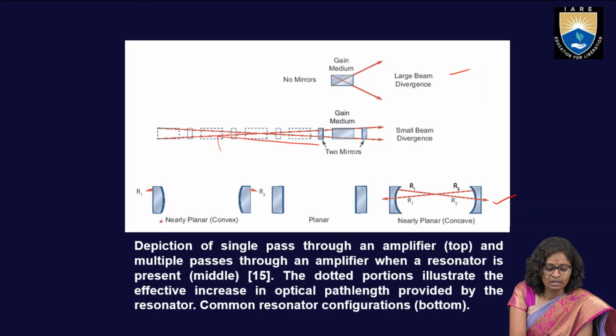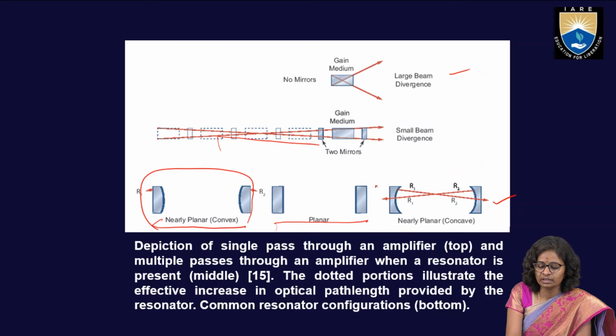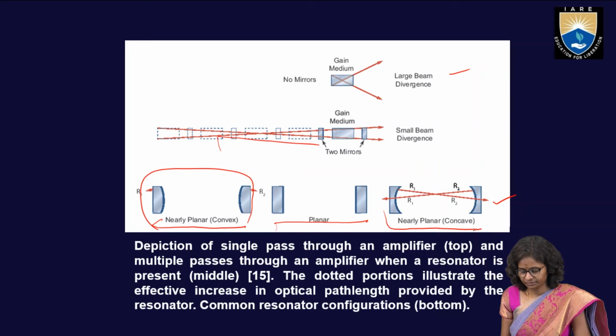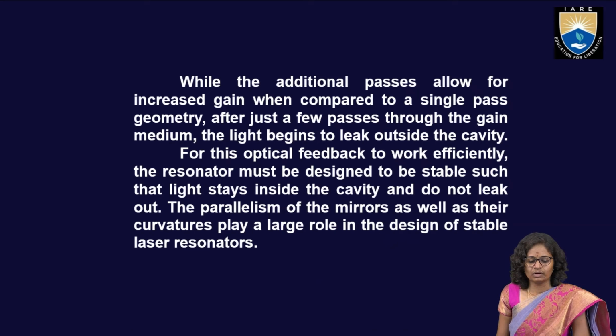Common resonator configurations are represented at the bottom. Here you can see a nearly planar convex resonator. Here is the planar resonator. Here is a nearly planar concave resonator. While the additional passes allow for increased gain when compared to a single pass geometry, after just a few passes through the gain medium, the light begins to leak outside the cavity.